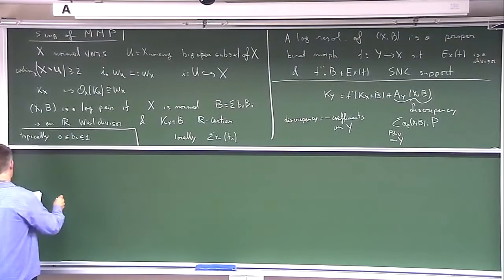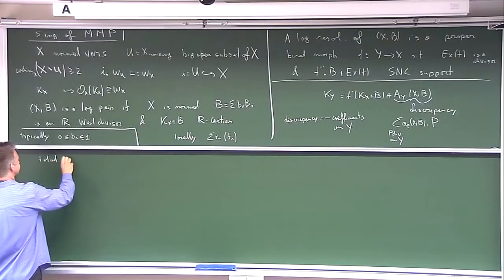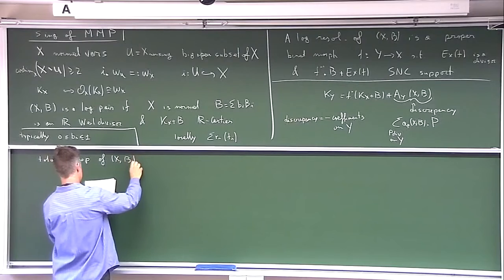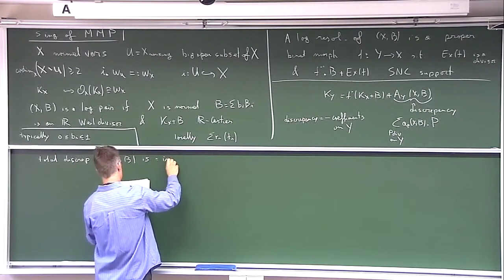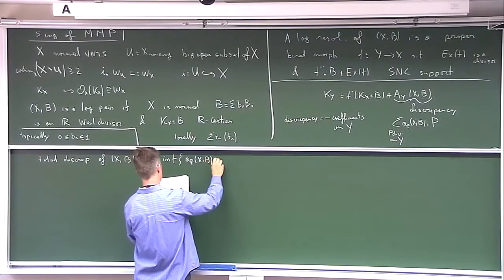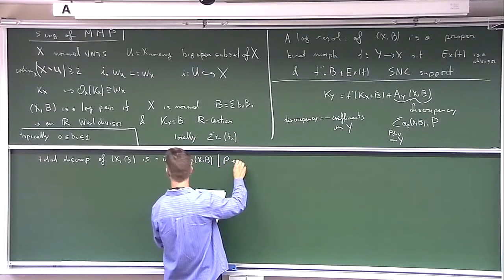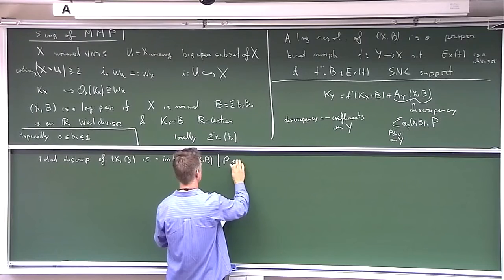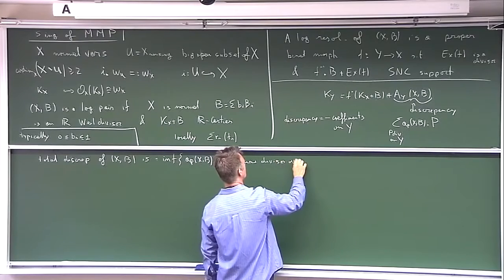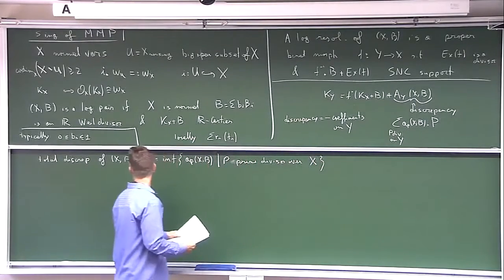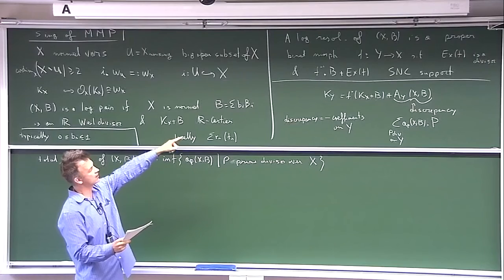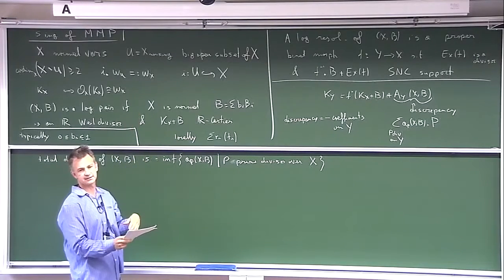So the total discrepancy of (X,B) is the infimum of the set of all possible discrepancies a(P, X, B), where P is any prime divisor over X. So in order to compute the total discrepancy, you have to worry about all possible resolutions of X. Right?